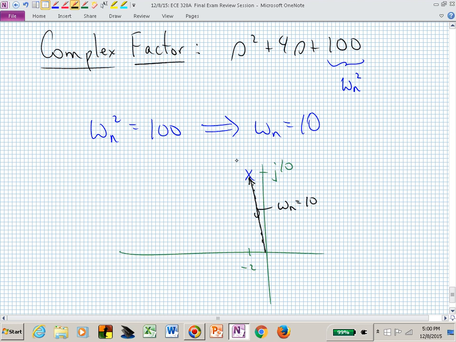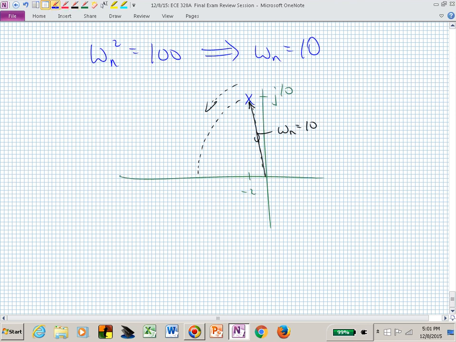We're saying you can just go ahead and move that all the way around at a radius of 10, and approximate these two poles that are at minus 2 plus and minus j, a little bit less than 10, by two real poles at minus 10.